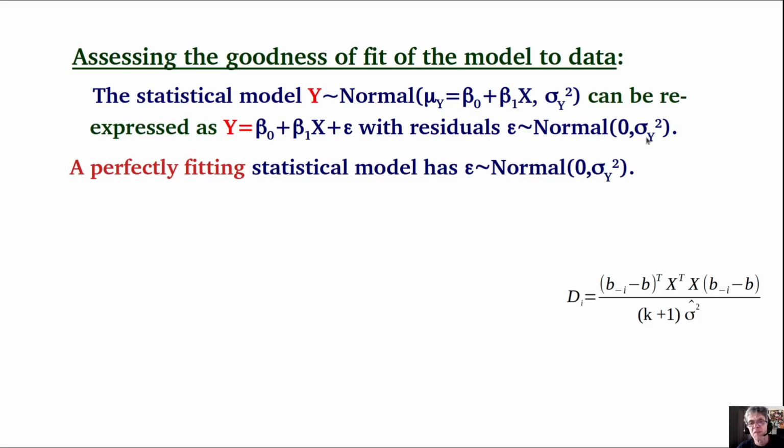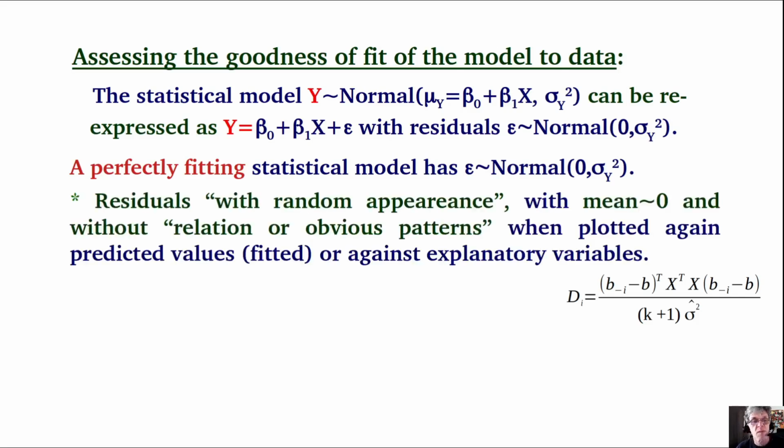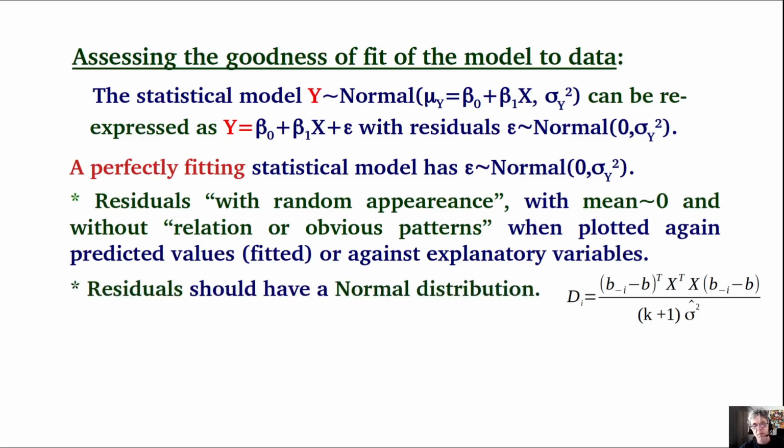A perfectly fitted model would then have residuals with a mean of 0 and a variance of sigma squared. Residuals will have a random appearance with an approximately mean of 0, and without any relationship or obvious patterns when plotted against predicted values or against explanatory variables.